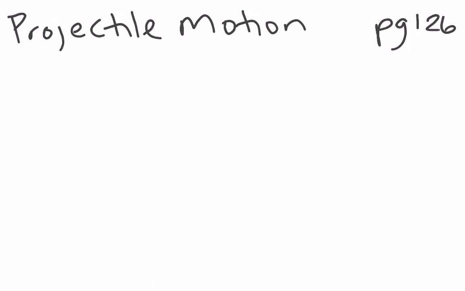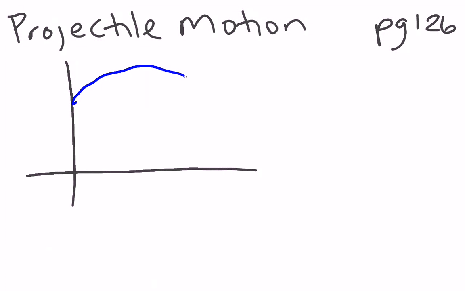Projectile motion basically means when I'm throwing something in the air. Think about throwing any object through the air. The path of the object ends up making a parabola. Think about football, baseball, whatever.